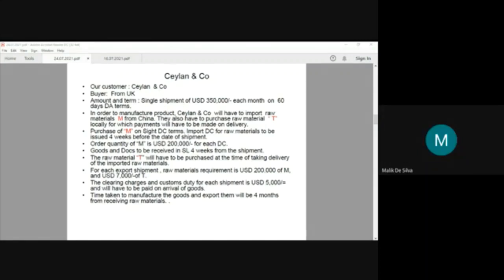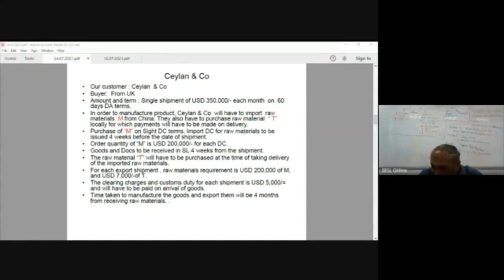The time period to pay the accepted bill, what is the answer for that? That is beyond our control. That is between the buyer and the seller. They sign a sales contract, and it is as per the sales contract.